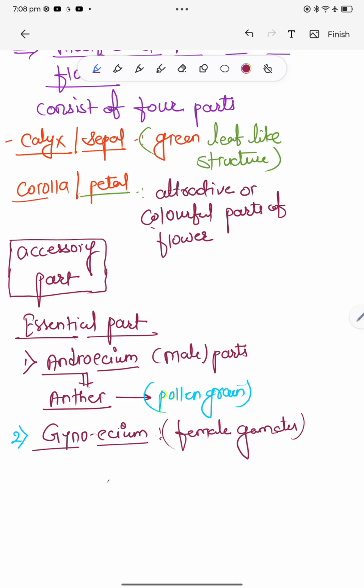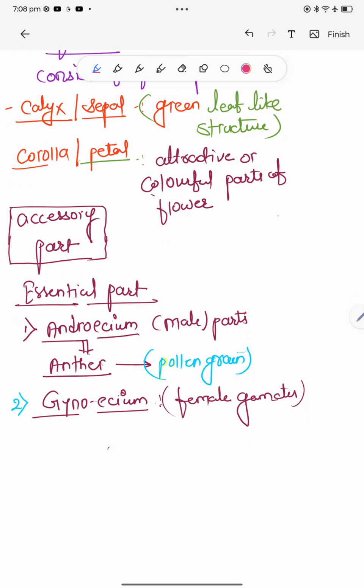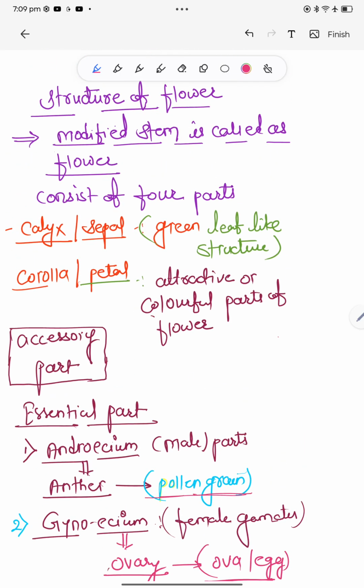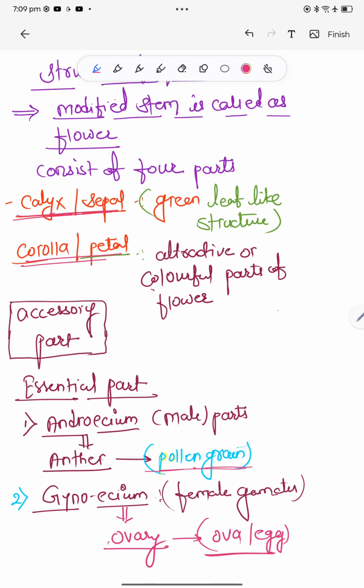So androecium and gynoecium are the gametes. The gynoecium produces the ovary, and the ovary produces the ova or egg, the female reproductive part, while the pollen grain is the male reproductive part. So these are the essential parts of the flower, and those are the accessory parts.